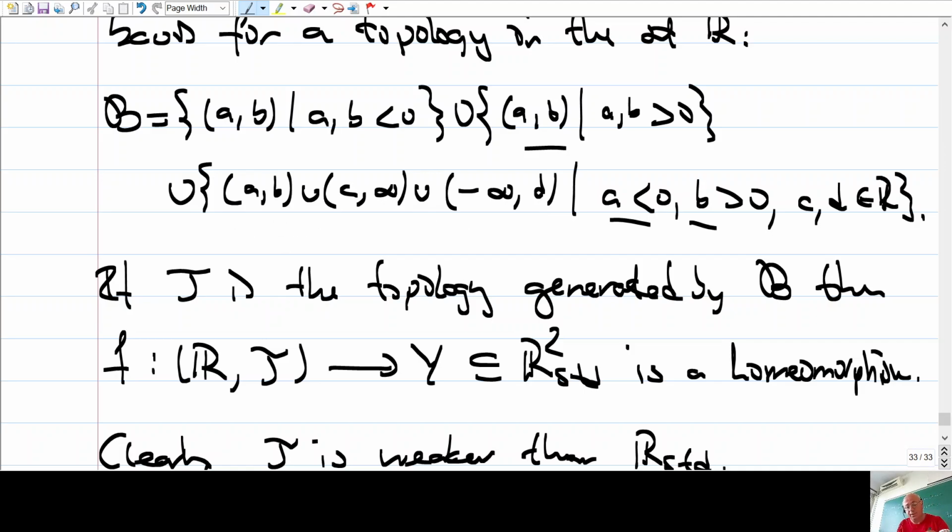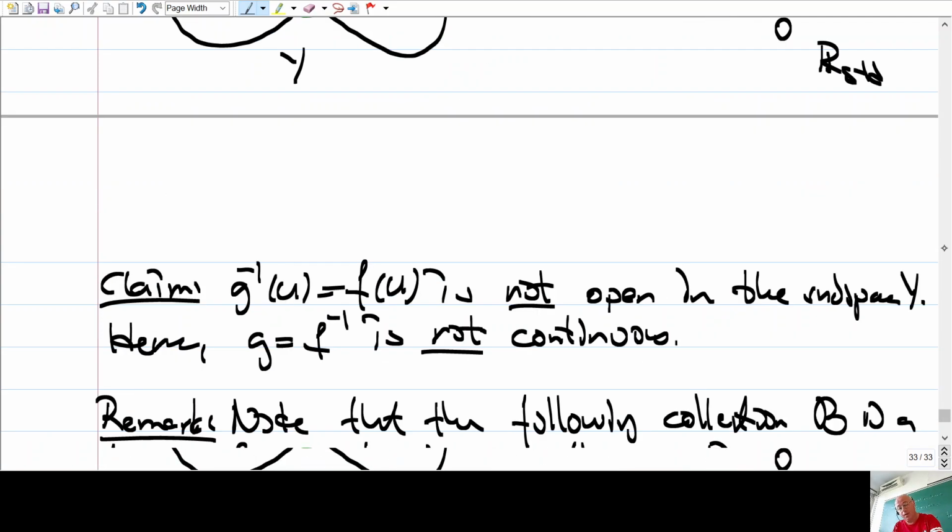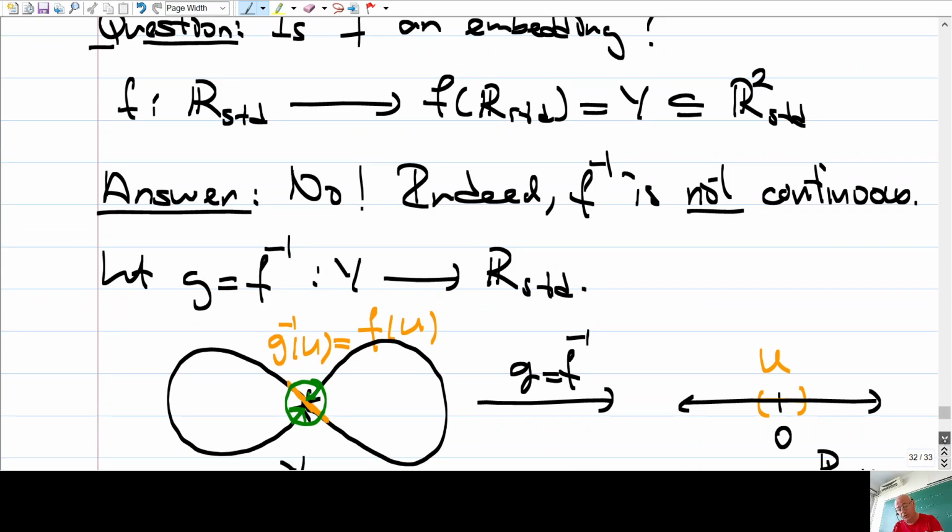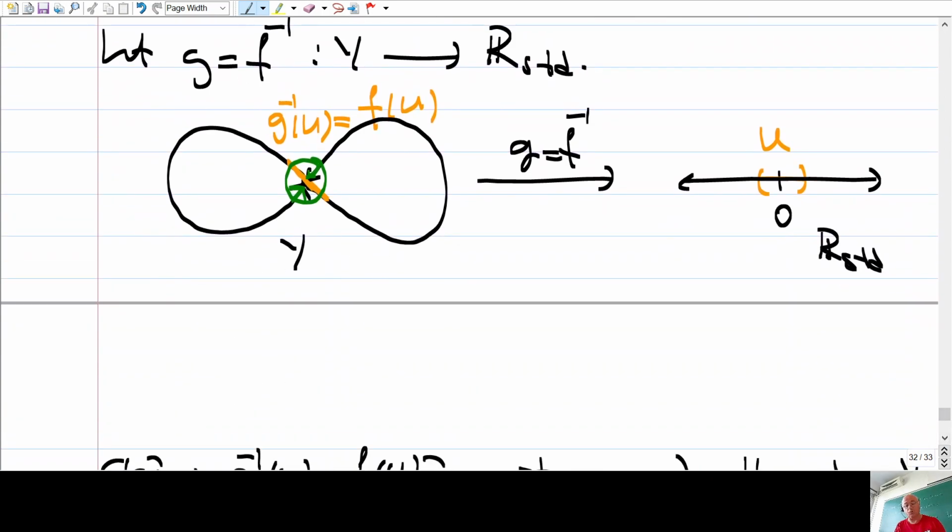You can check that this is a basis for a topology. And there is actually a good reason why this is a topology, because with that topology it actually becomes figure eight.